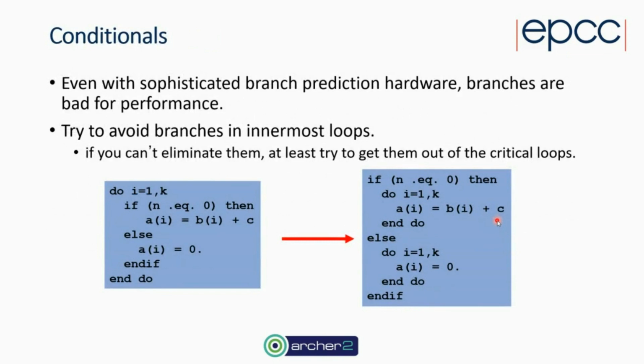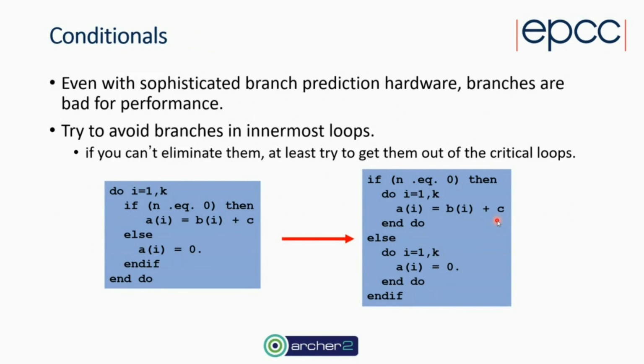Another place where performance can be lost, both in terms of the compiler and general performance, is conditionals: branches, particularly if statements or switch statements. We've already talked about the processor, and generally it has hardware for predicting branches and doing speculative execution.